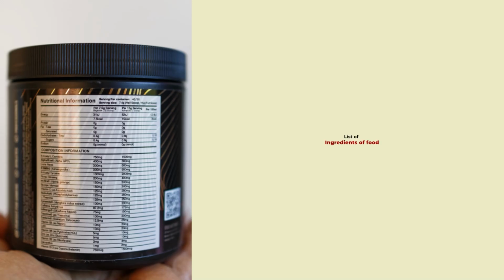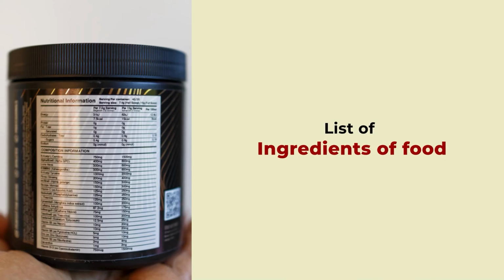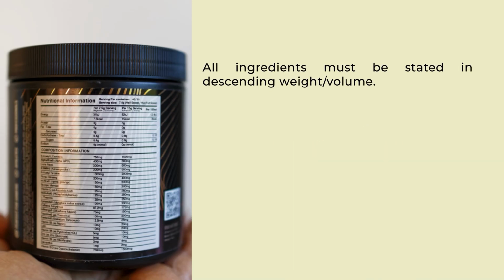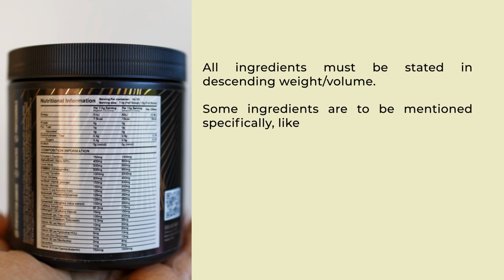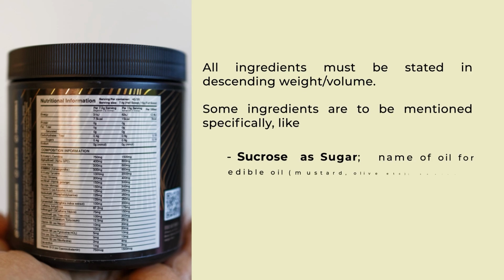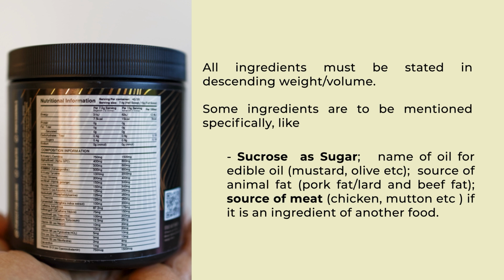Then there should be the list of the ingredients of the food. All the ingredients used in the food must be stated in descending order by weight or volume. Some of the ingredients are to be mentioned specifically. Like if sucrose is used in the product, then it should be mentioned as sugar. If any kind of vegetable oil is used, then the name of that vegetable oil should be specifically mentioned, for example mustard oil, olive oil or palm oil.